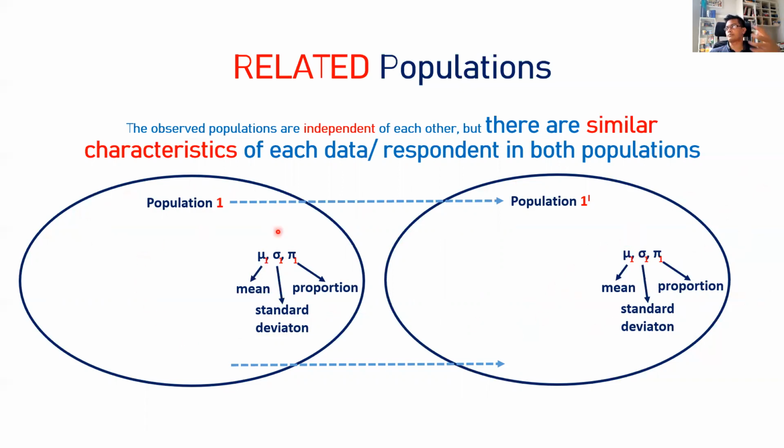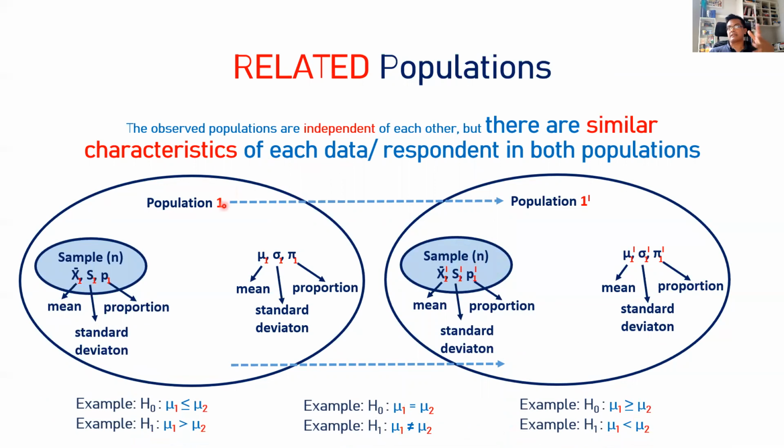For example, the people in Bandung are independent of what the people in Jakarta are doing, but the respondents themselves have similar characteristics. There are similar characteristics of each data point or respondent in both populations.